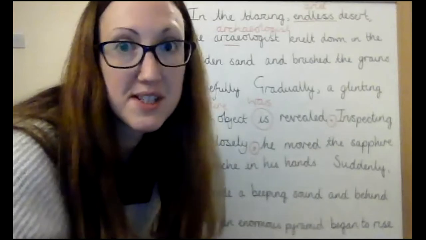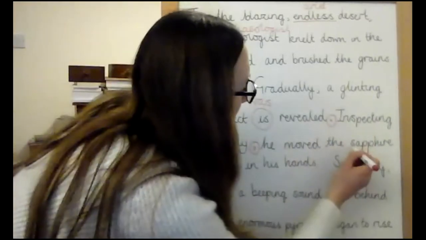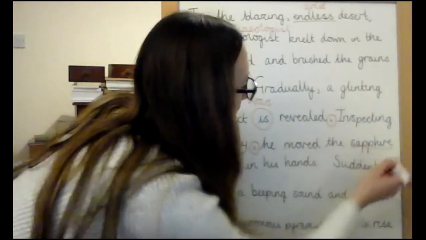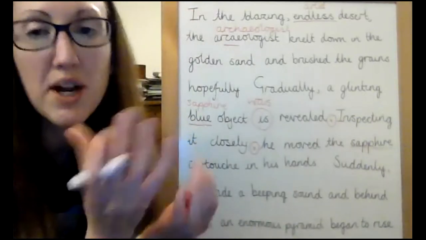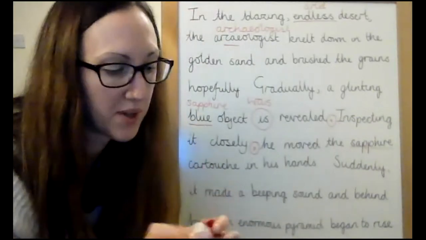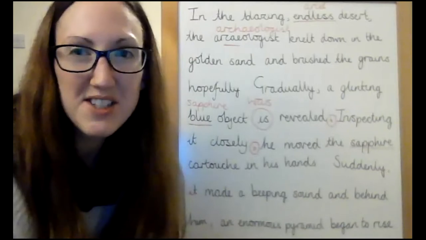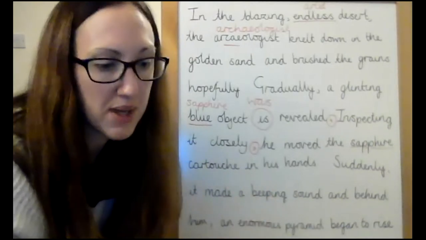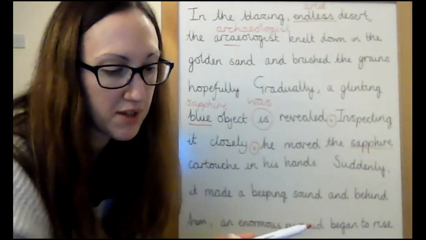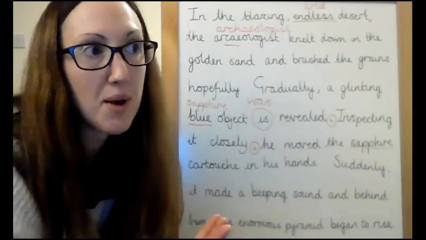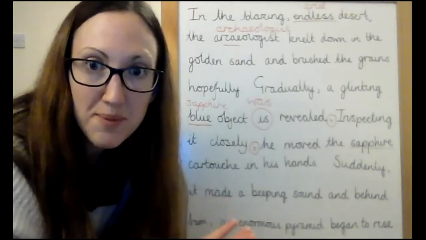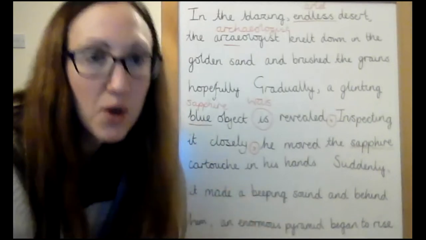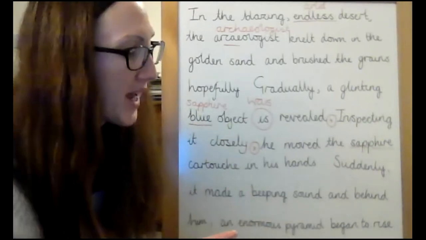I don't want to be using sapphire again, so I'm going to underline it to show that I need to improve it. Now, I've already described the colour of it, so I need to start thinking about what else I could describe about this cartouche. Maybe I could describe the fact that parts of it were golden. Maybe I could describe the weight of it. Maybe it was a heavy or a weighty object.